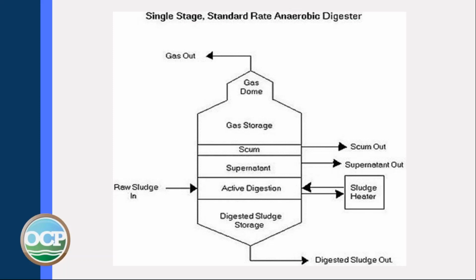The supernatant, or the clear liquid, will be on top of the active digestion layer, and that has to be removed and treated. It has a lot higher BOD than an aerobic digestion supernatant. You also develop a layer of scum that must be removed and disposed of, and then the natural gas and CO2 are stored in the gas storage part of the tank where it can be removed.